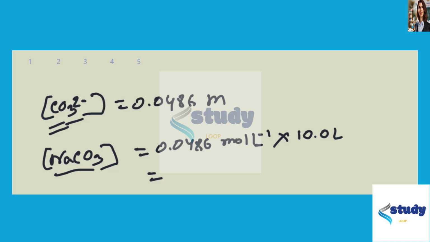And if we divide this by the molar mass of sodium carbonate, which is 105.99 gram per mole, then we'll find the mass of sodium carbonate, which is 51.6 gram.